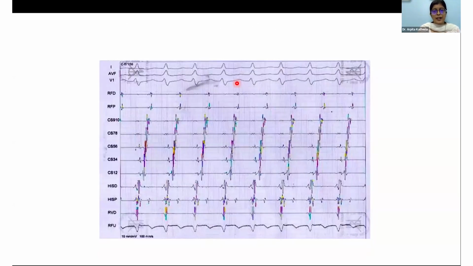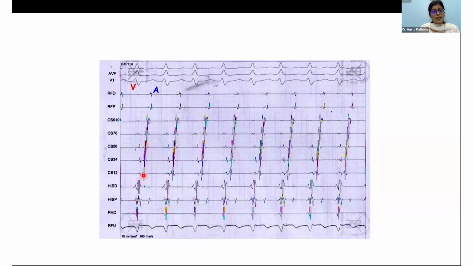Another example of a tachycardia initiated after A pacing. What is happening over here? First of all, the QRS is well away from the A in CS 9, 10. Second thing, we'll see how the atrial impulse is getting conducted.